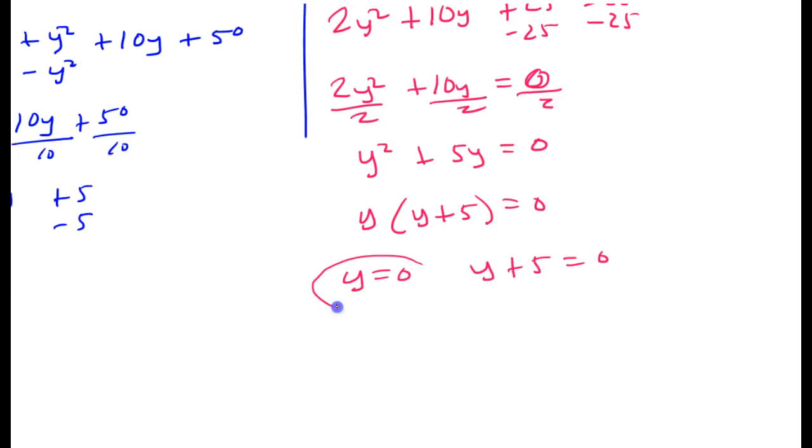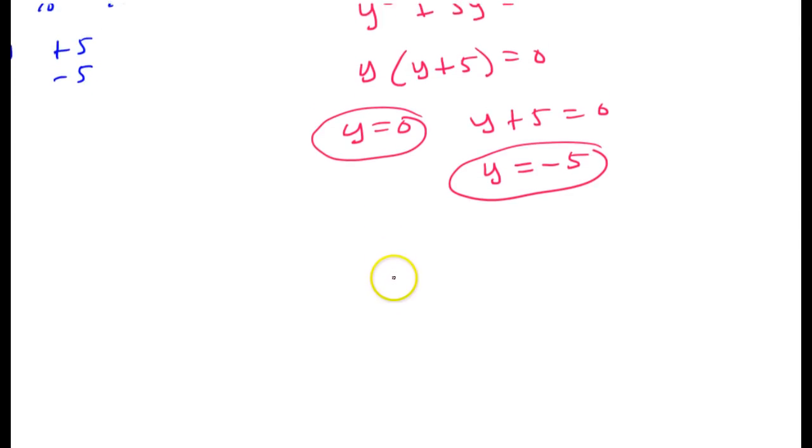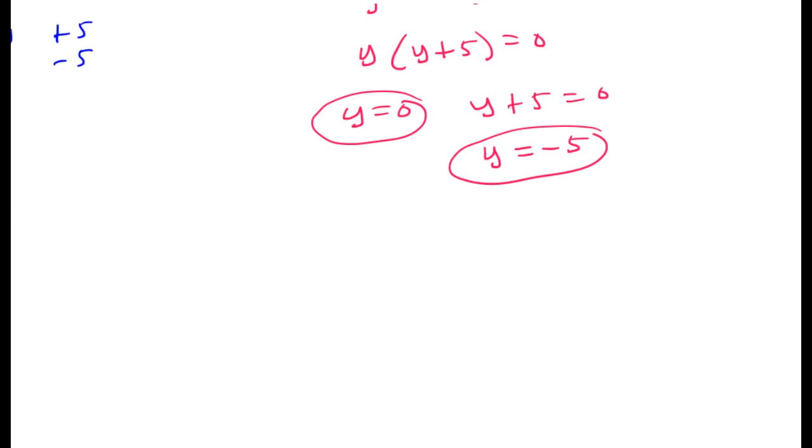This is an answer of its own. So subtracting 5 from both sides, I've got y is equal to negative 5. So I have these two values of y. So if I were to begin to set up my final answer, here's what I would have so far. Something, comma, 0, and something, comma, negative 5.